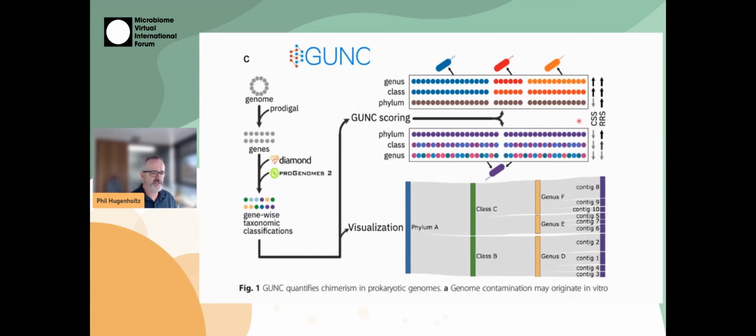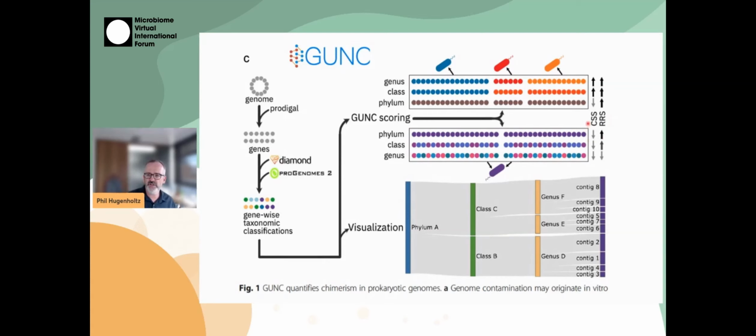Then it uses a couple of metrics, so it's a bit more sophisticated than just doing best matches. It uses a metric like RSS, the reference representation score, which is saying, is the closest match to my gene very close or very distant? Obviously, the closer the match, the more confidence there is.